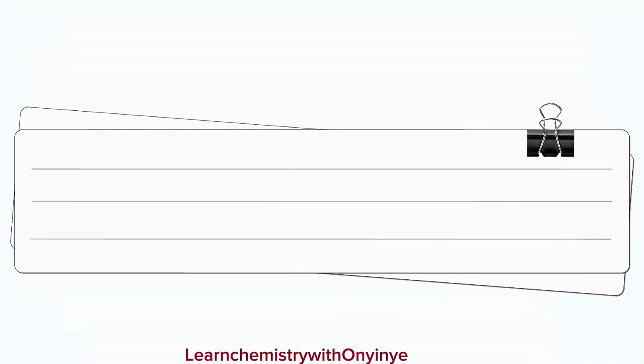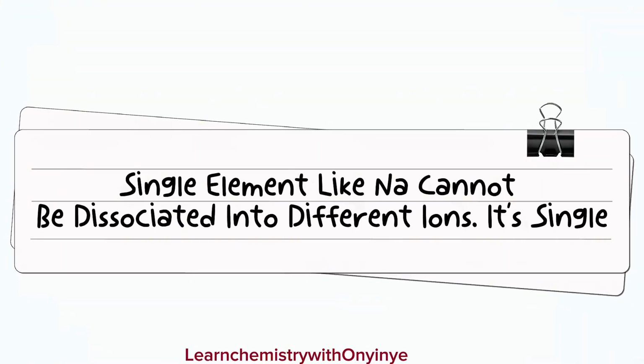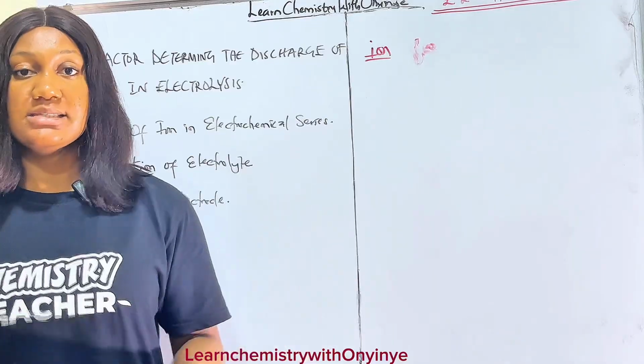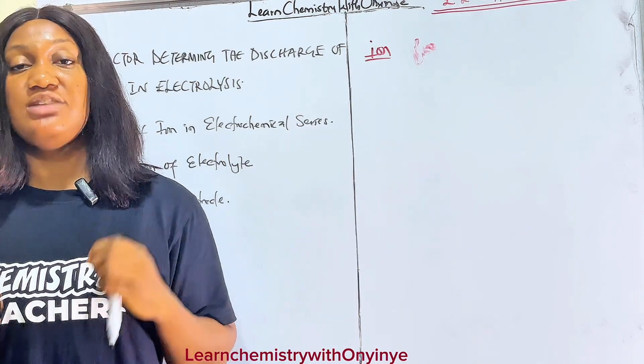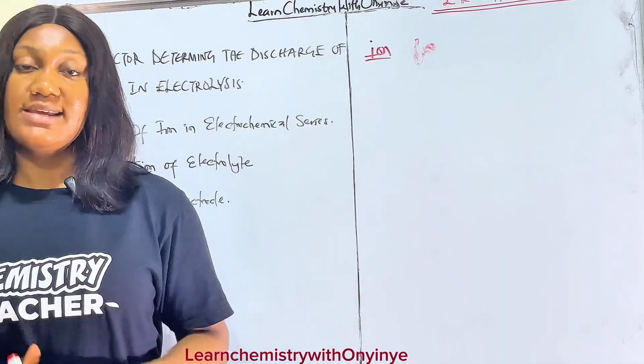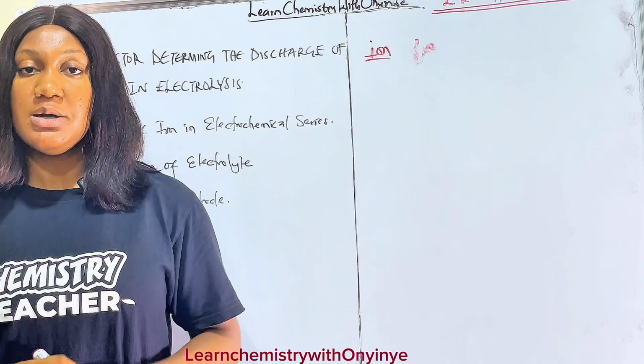Just one, right? So there will be no dissociation. However, a compound has at least two ions. That's binary compounds at least. So once electricity passes through an electrolyte, that electrolyte dissociates into its respective ions, and that's the whole chemistry behind your electrolysis.